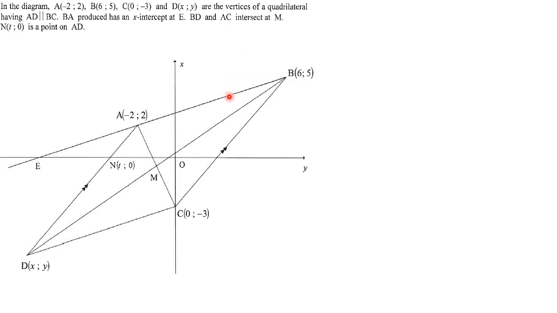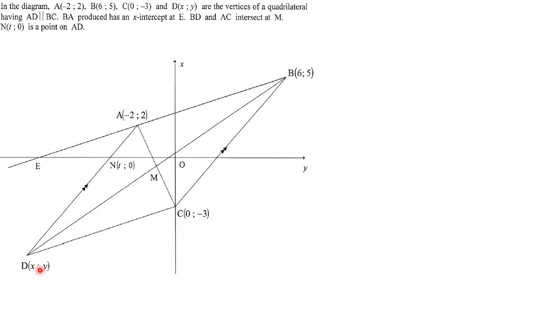For an example, in the first quadrant x must be positive, y must be positive. In the second quadrant, y must be positive and x must be negative. In the third quadrant, both of them are supposed to be negative. And in the fourth quadrant, x is supposed to be positive and y is supposed to be negative.